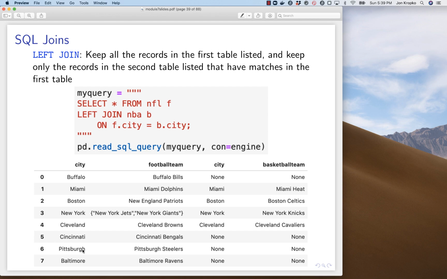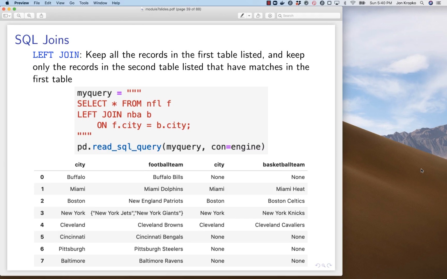But it's not going to include cities that have a basketball team but no NFL team. So it shows us cities that are unmatched in one direction but not the other. So we can have the football cities with no basketball team, but no basketball cities with no football team.